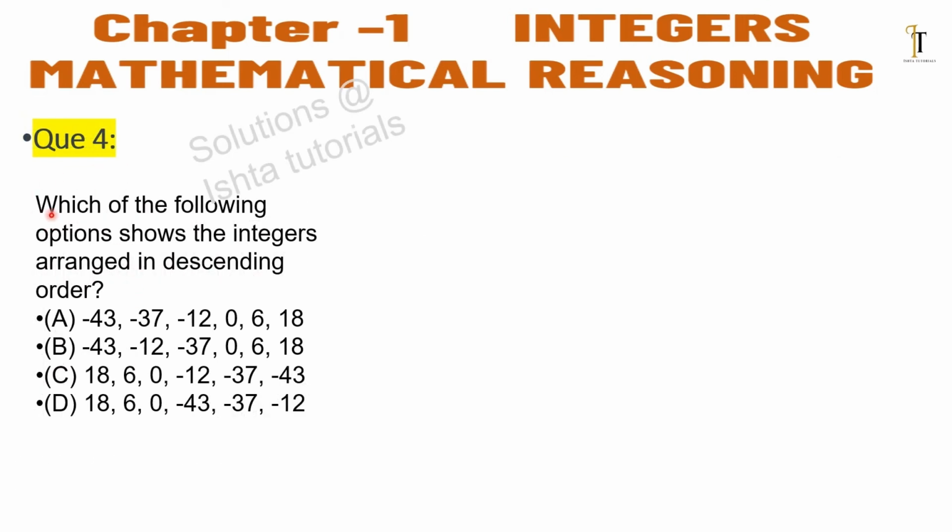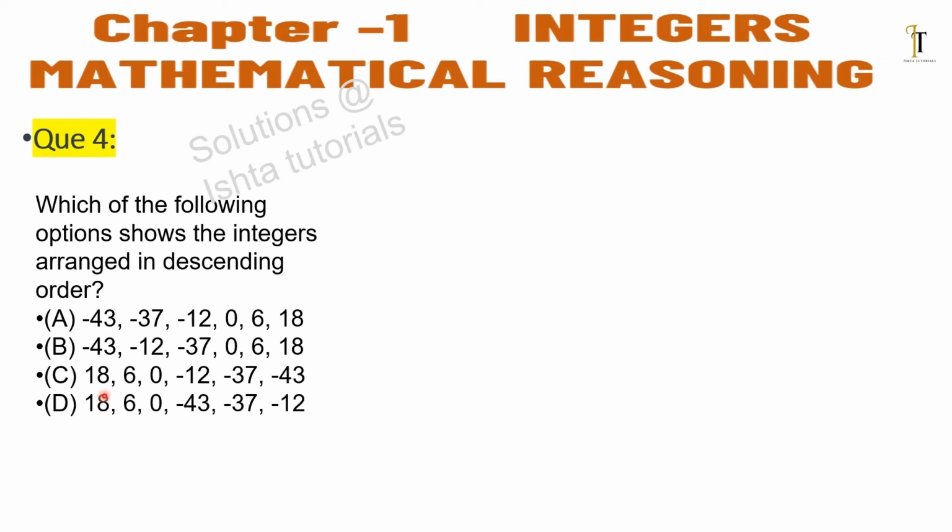Question number 4. Which of the following options show the integers arranged in descending order? Descending order means arranging the numbers from big to small. As we can see in option A, -43 and -37: -37 is bigger than -43, so it's wrongly placed. Again, -43 and -12 is wrongly placed because -12 is greater than -43.